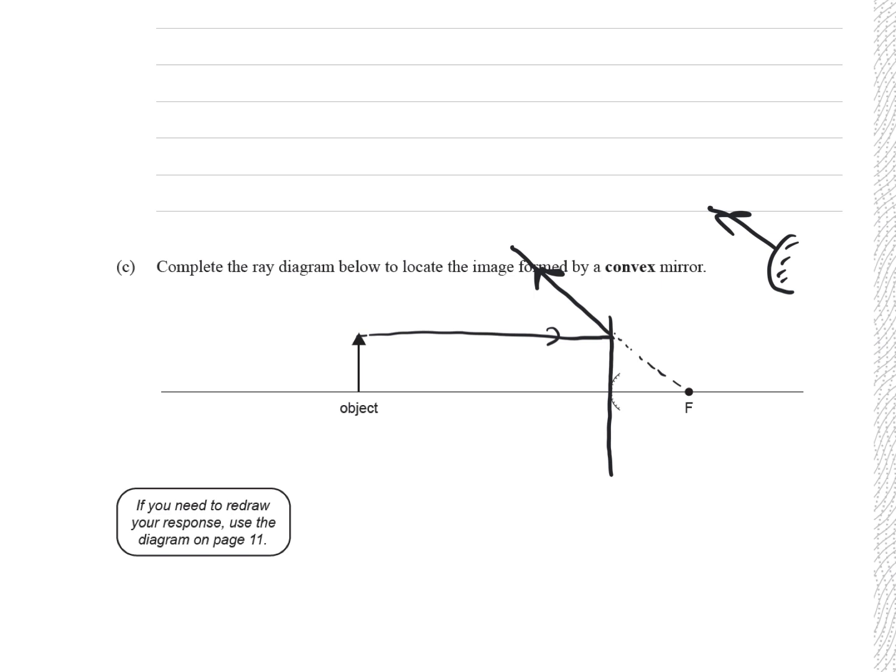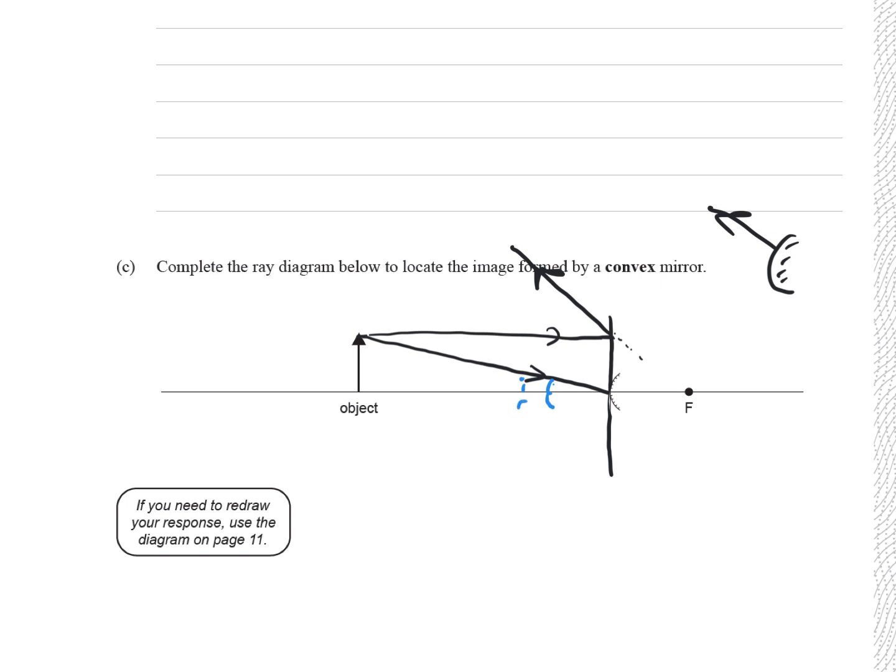But remember, you always need a second one. Now for mirrors, always do, and for lenses, always do one to the middle. If it was a lens, the middle one just goes straight. But remember, this isn't a lens, so we know that we've got to use our protractor to measure this angle, and that's why I gave you a protractor in the test. That's the angle of incidence.